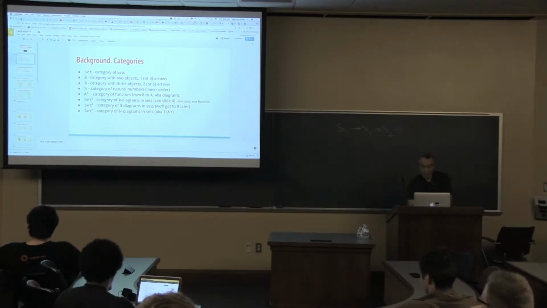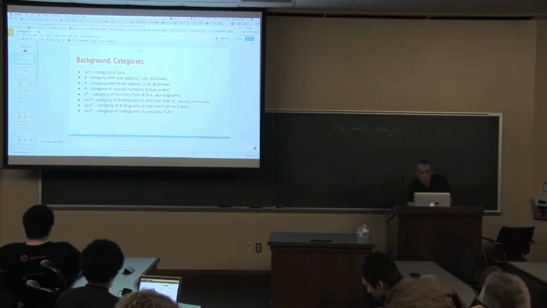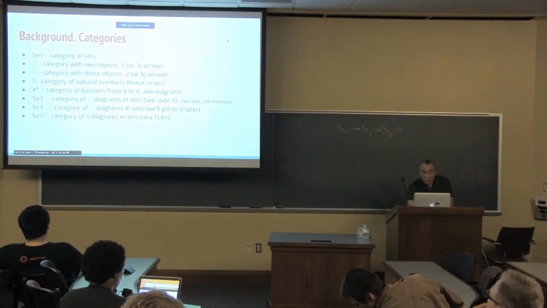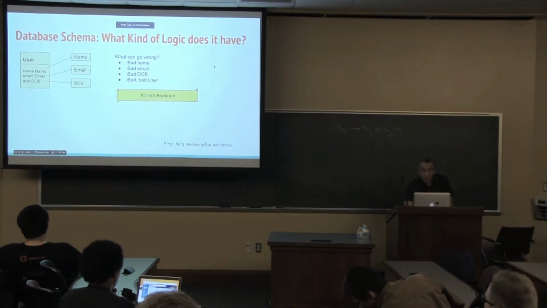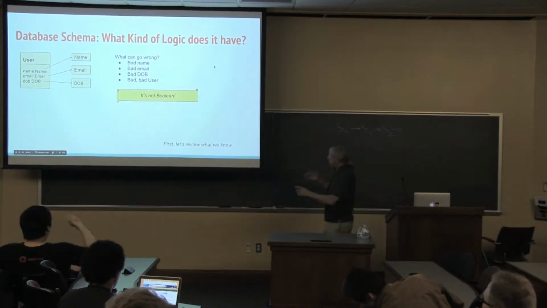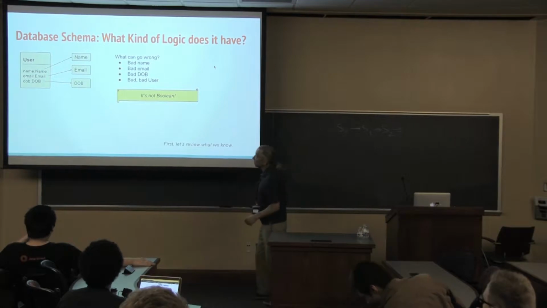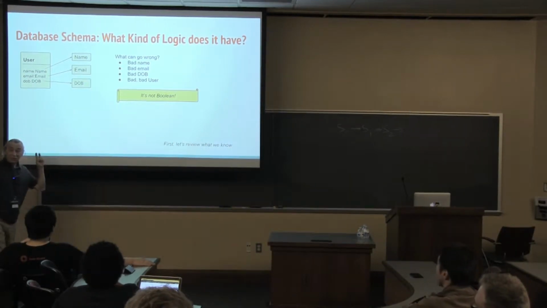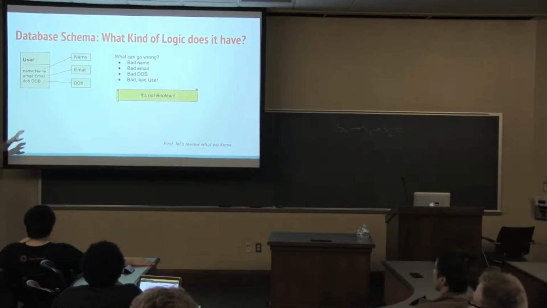Okay, let me try to render it again. I hope we'll not have problems. So suppose that, instead of those simple diagrams that I showed, we have this kind of diagram, artistically representing a database schema.